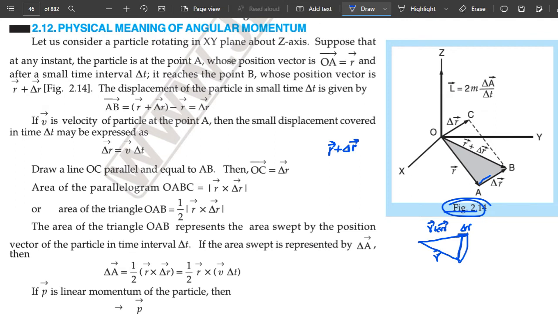Now we apply here the triangle law of vector addition to find the vector AB.